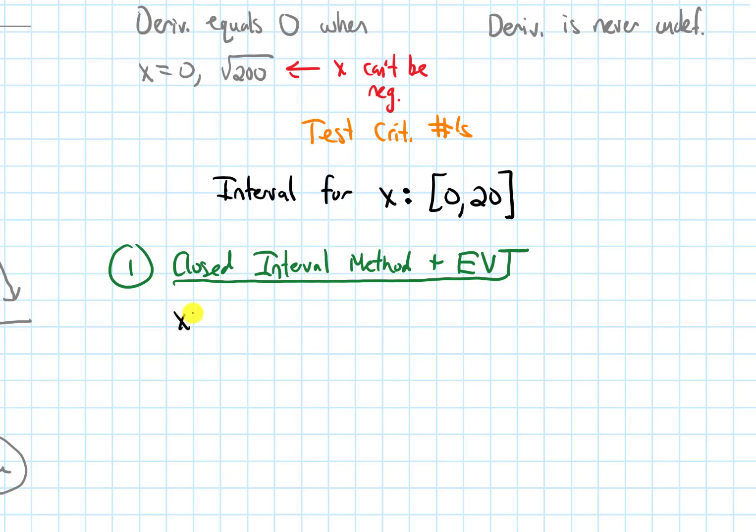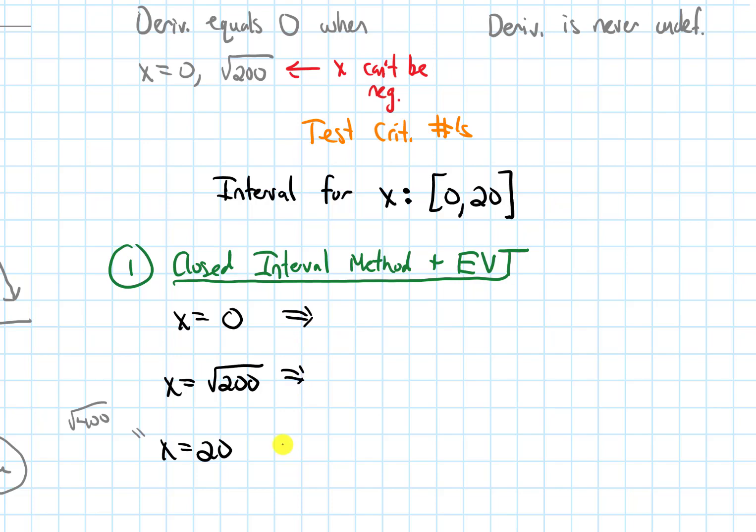So our endpoints are 0 and 20. Our critical number is square root of 200. And square root of 200 is in between 0 and 20 because 20 is square root of 400. So square root of 200 is between those two. That's good.